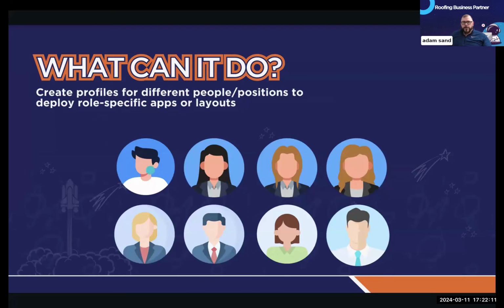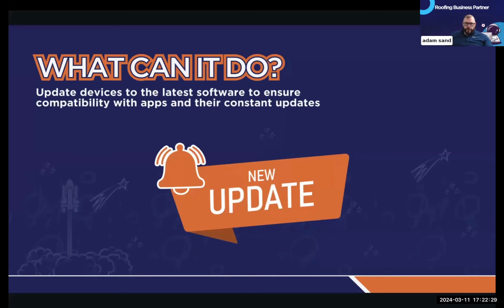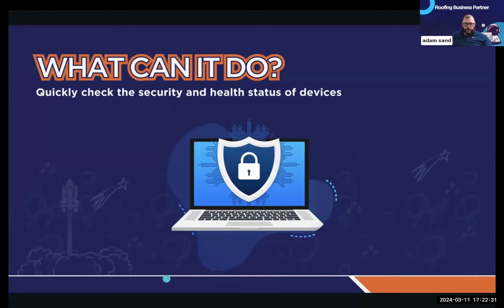And you can also create different profiles for different users. So the minute you get a new field tech or a new site supervisor or a new field manager, you can just say, oh, that's this role, and whoop, all the right apps load onto it. So it's really fast for onboarding new employees. And again, you can track your devices when they're lost, update your devices when you need to, lock them, and check on the health of the device, battery issues, stuff like that.